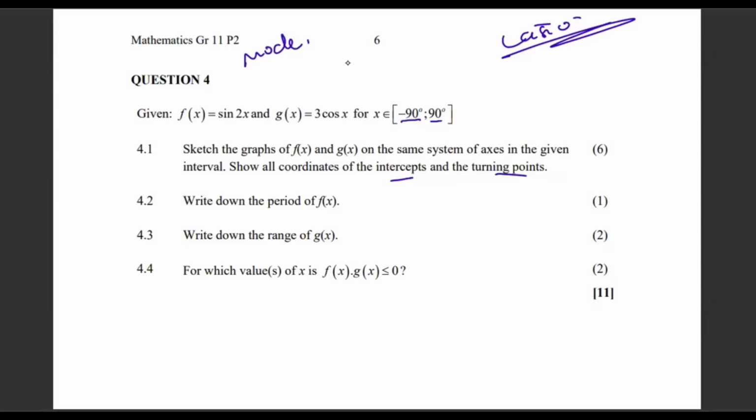From the table, we can enter our f of x, which is sine 2x, close the bracket, press the equal sign, and then if your calculator offers you the g of x, then also put it. If it doesn't offer you the option of the g of x, then you're going to have to draw one graph at a time. Then you go back.